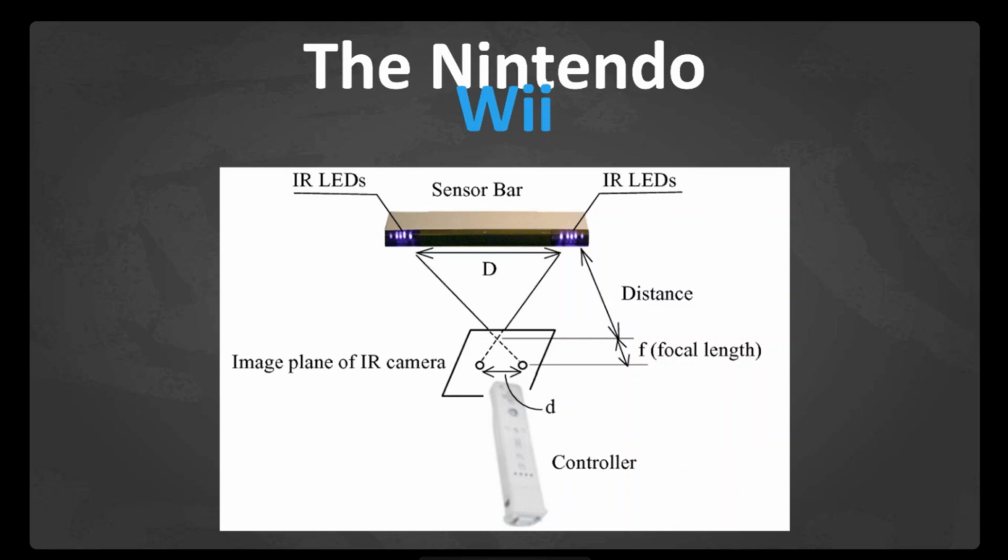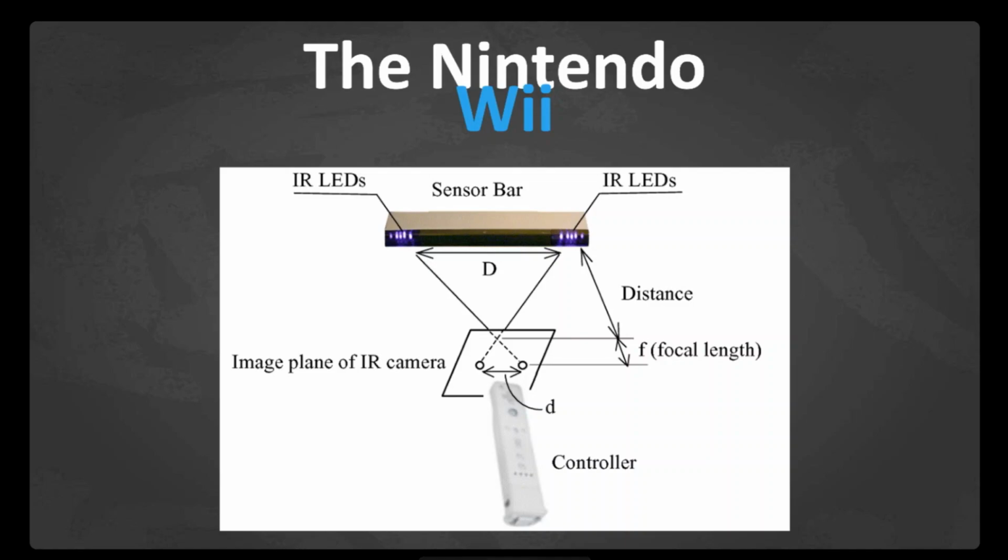But the way it works, the sensor bar is actually just a bank of IR light. It just has a whole bunch of IR LEDs in it that it shoots out into the room. And then the Wiimote, the controller, if you've ever held one or looked at one, there's kind of like a black piece of plastic at the end of it.